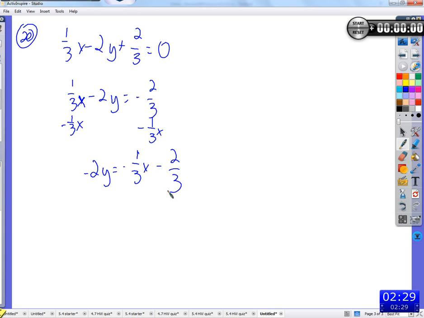Okay, now we're almost there, almost got y by itself. Divide all of it by -2. So y equals, what do we do with this? How do we divide negative 1/3 by -2 and negative 2/3 by -2?